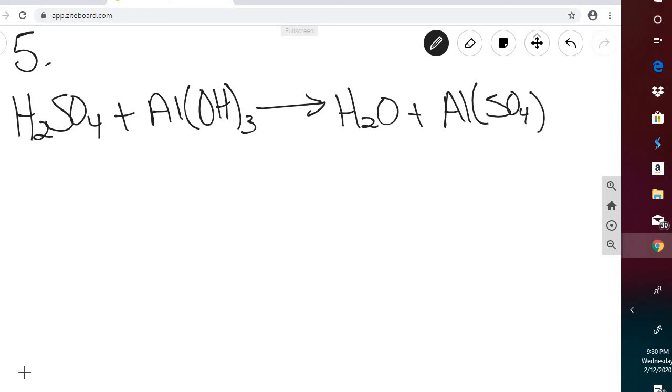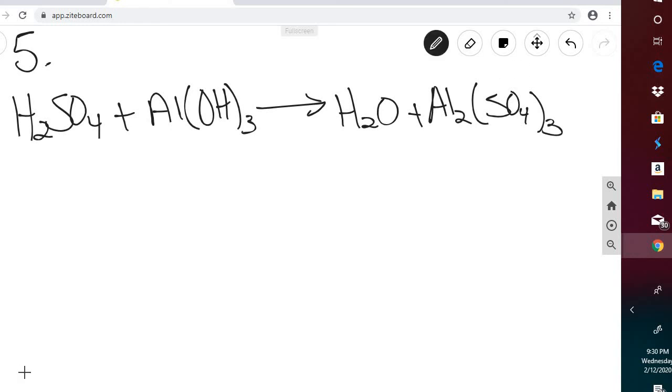Okay, so the charge on aluminum is +3. The charge on SO4 is -2. So we switch those charges, so it'll be Al2 and the 3 comes over there with the sulfate.